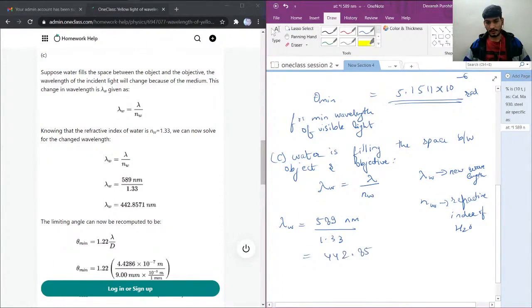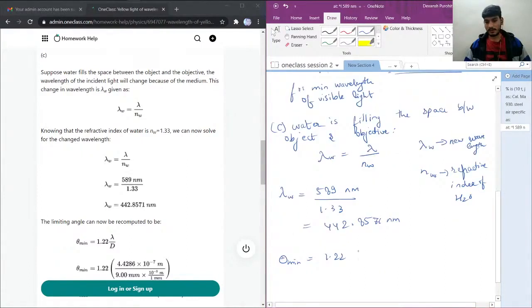The junior tutor has taken up to 442.857 nanometer, so I'll take till 4 decimal places. Theta min is 1.22 times lambda over D. Here the lambda is going to be our lambda w, the new lambda which we obtain after dividing by the refractive index of water, and d is again going to be 9.